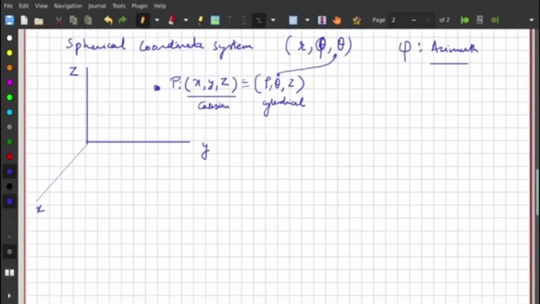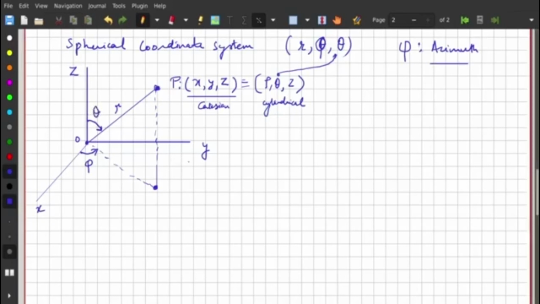So this point, the distance of that point from the origin, that is r. And similarly, let's drop the projection of that point onto the xy plane, and this angle is the azimuth angle known as phi, and the angle between OP and the z axis is theta, and that is known as the zenith angle.